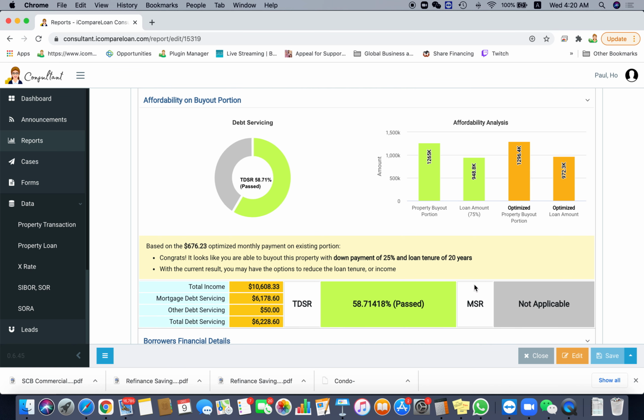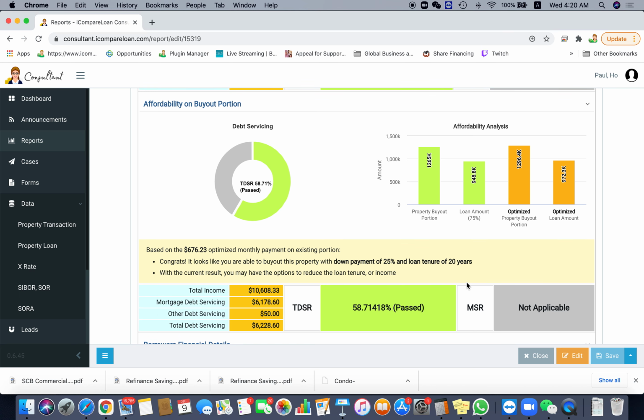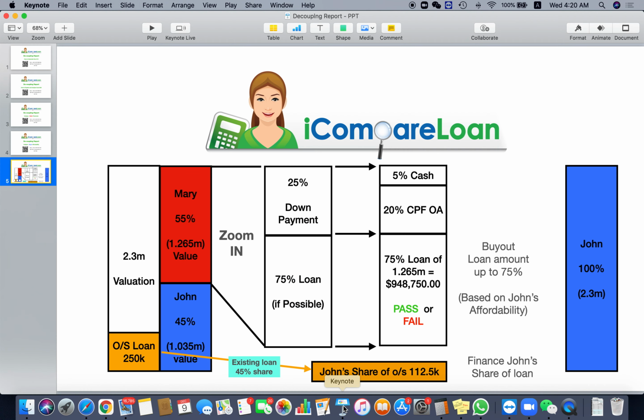This is only the TDSR portion for the existing loan, which is this part, existing loan 112, and the 75% of the 1.265, which is 948. So these two portions are being assessed.